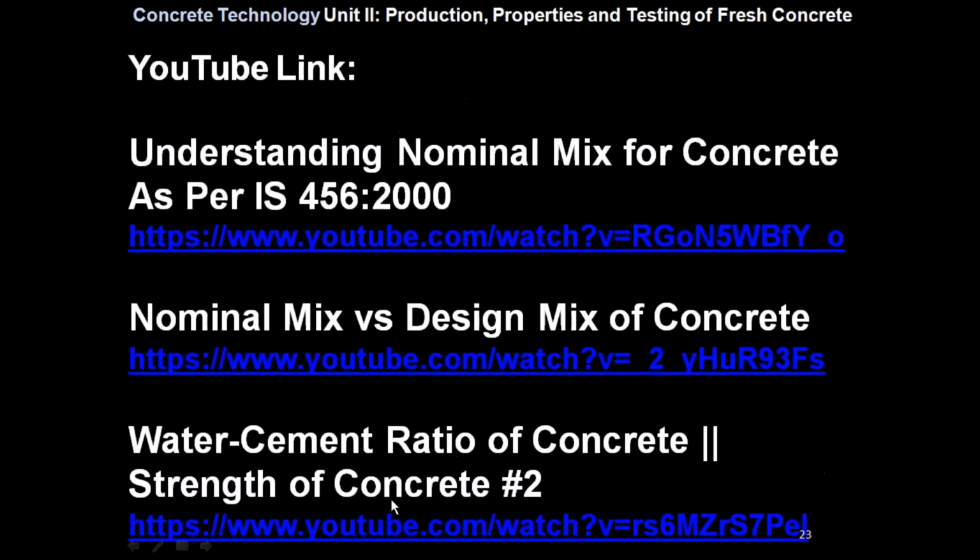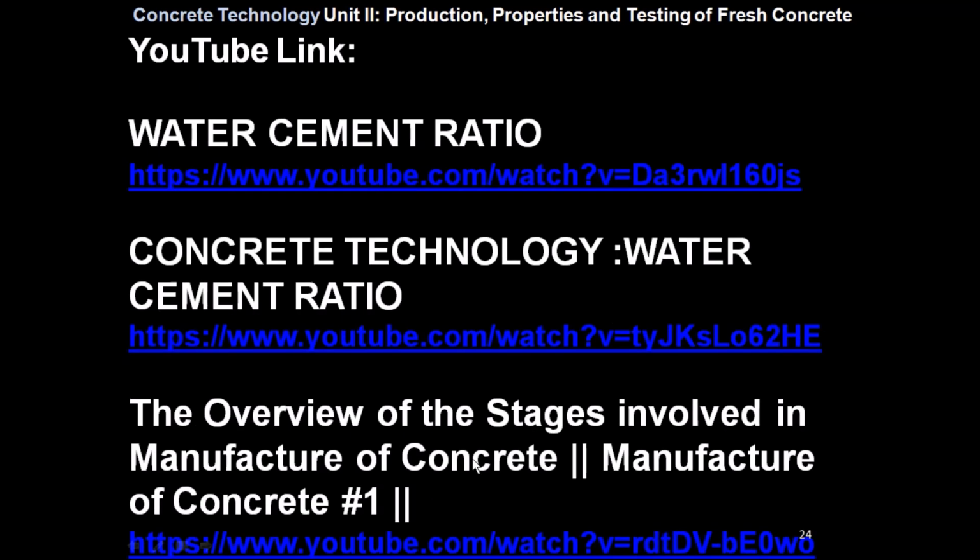So here we can see the links available on YouTube: understanding nominal mix for concrete as per IS 456-2000, nominal mix versus design mix of the concrete. Next YouTube link is the water cement ratio of concrete, strength of concrete part 2. Next YouTube link is the water cement ratio.